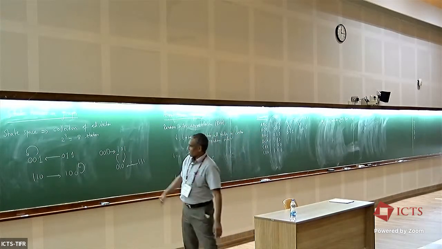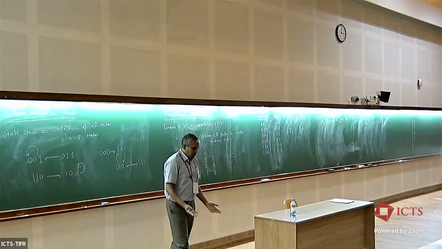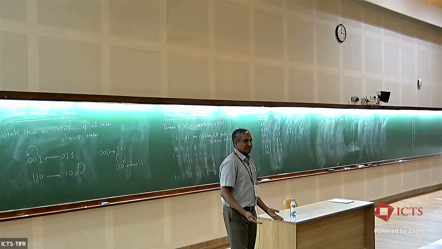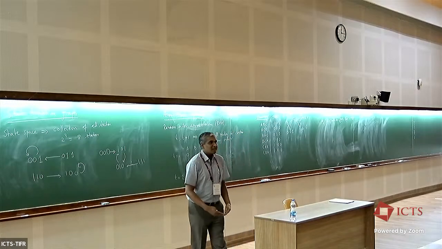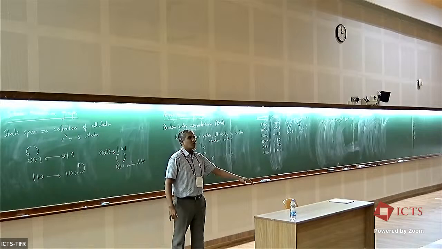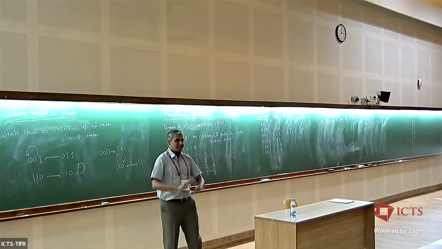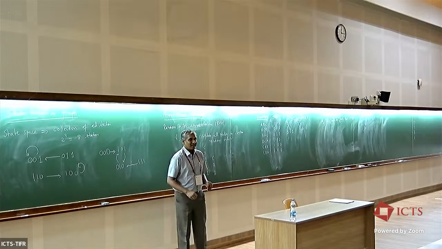In synchronous, this is one method of doing. Another method is what is called delay synchronous, where you don't update all the nodes at all time points. You say, I'm going to update only some nodes at some time step, and I'm going to have some time delay. These are the only two that I know of.